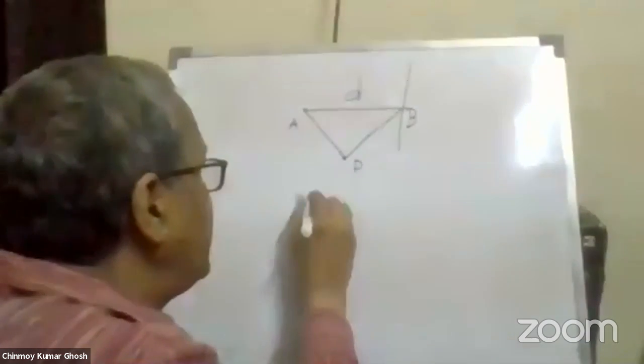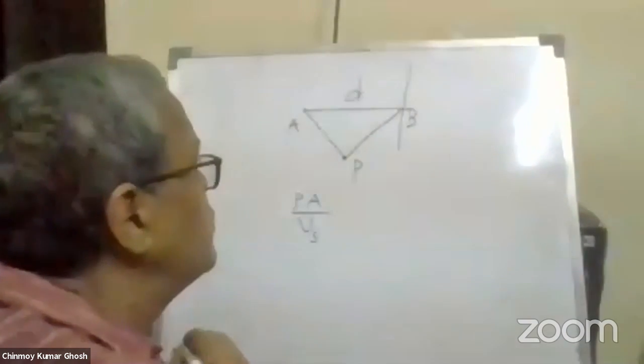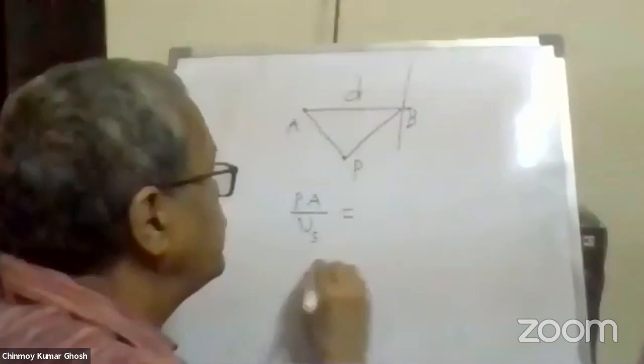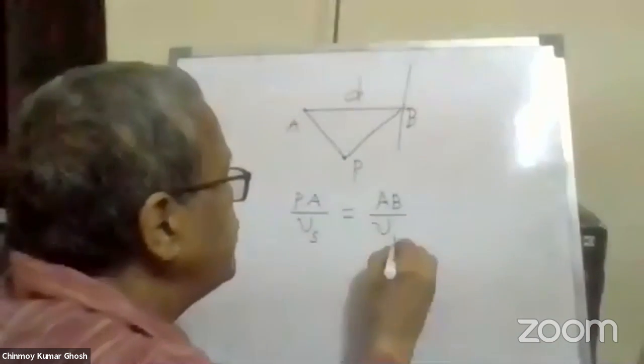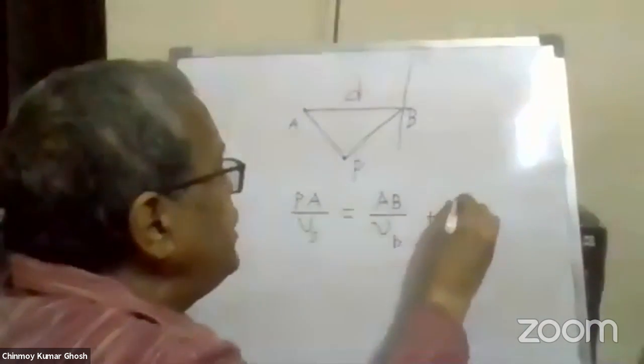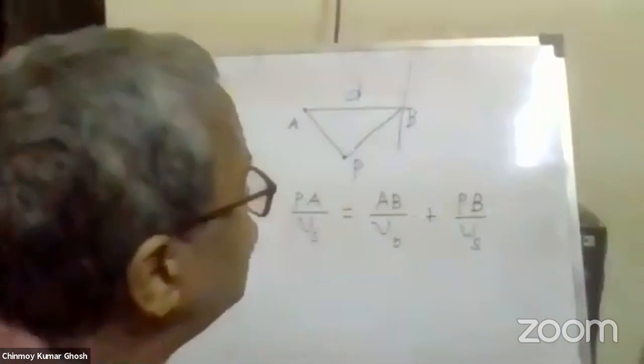Now PA divided by the velocity of sound is equal to AB divided by the velocity of the bullet plus PB divided by the velocity of sound. Is it okay, Mr. Shen? Yes, sir. This is what you are telling me.